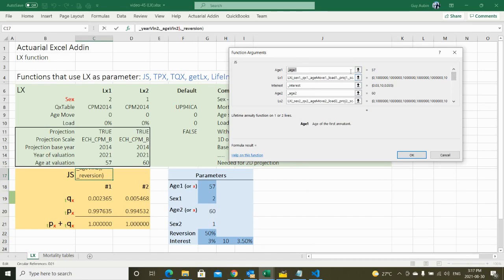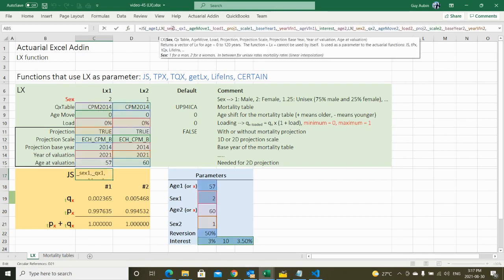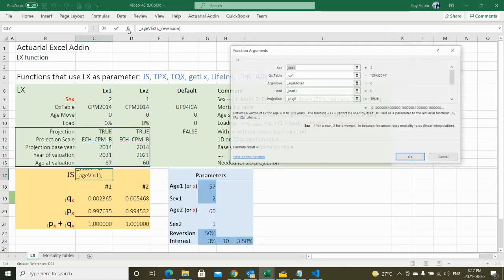If we want to look at the LX parameter, position ourselves in the cell of JS, then position our cursor somewhere among the LX parameters. And if I click on FX, the list of the LX parameters appears here, and they're just what we've seen before.